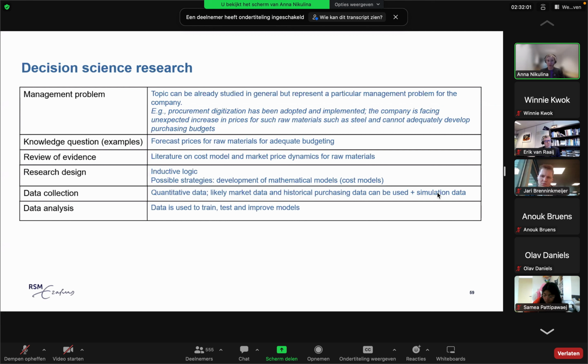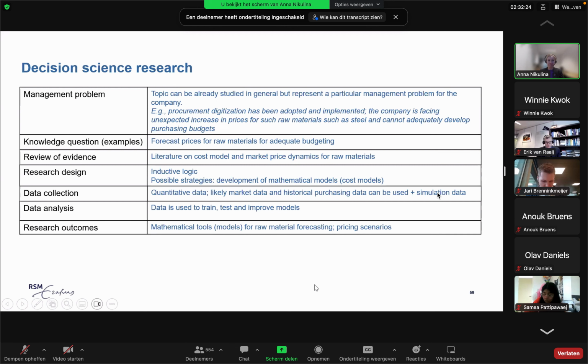We will talk a bit more about the decision science approach in week 4. You will understand a bit more what we mean by this, but again, it's a specific type of science and data is also used in a specific way. You want to be sure that the data I'm feeding my models makes my models better, so the output is really true to life and creates as optimal a solution as it can be.